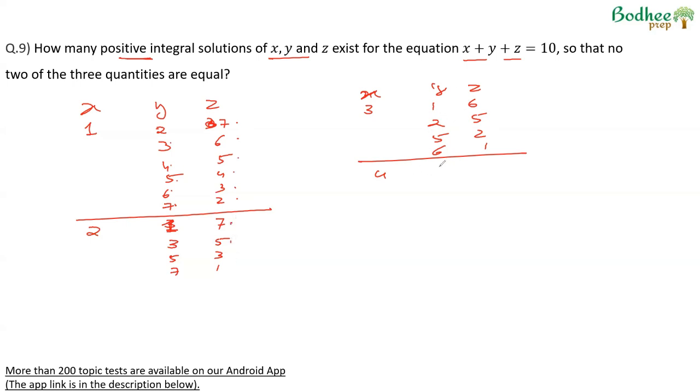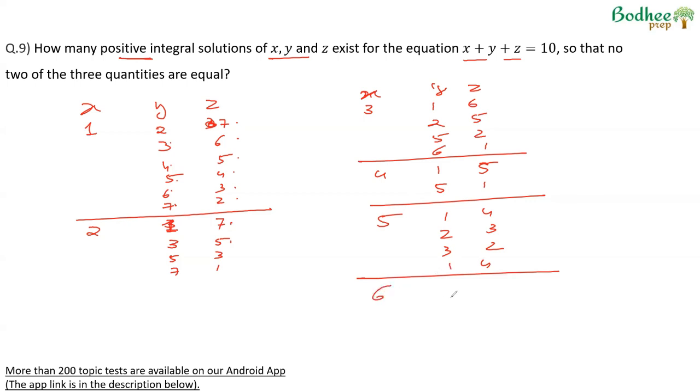If x is 4, y plus z is 6. (1, 5), (2, 4) are possible, (3, 3) is not, and (4, 2), (5, 1) work. If x is 5, we will have (1, 4), (2, 3), (3, 2), (4, 1).